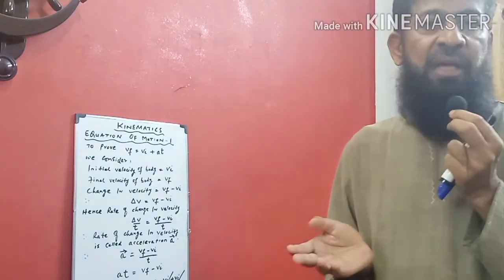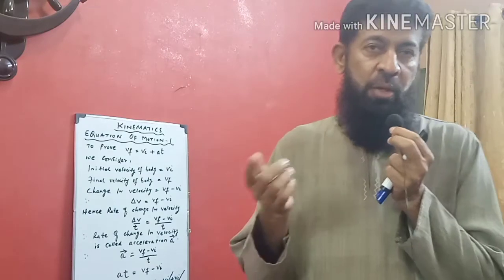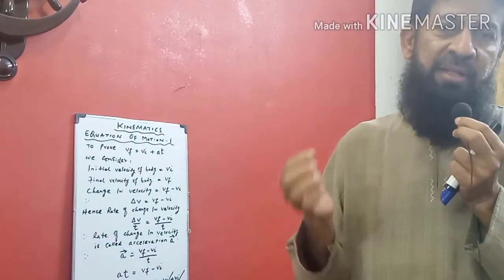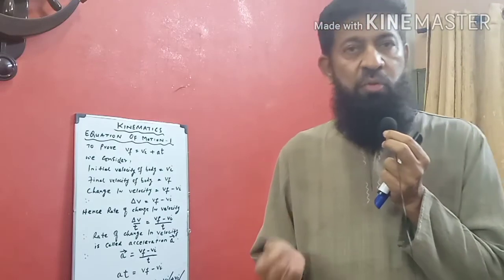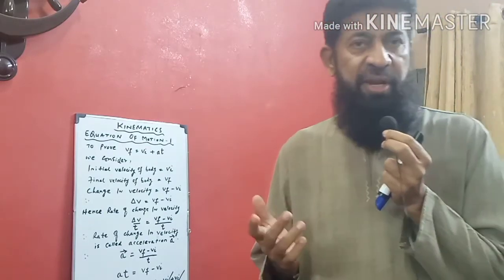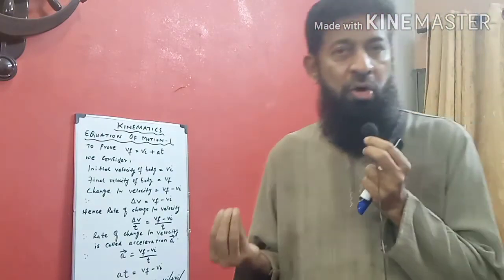The second one is circulatory motion. When a body moves around the center of a circle, it is called circulatory motion. For example, the motion of a fan, or the motion of an electron around the nucleus.